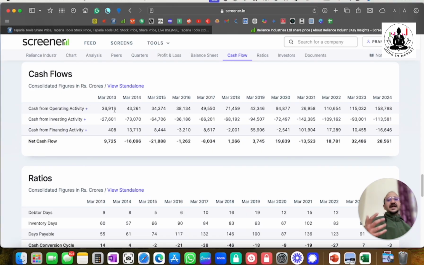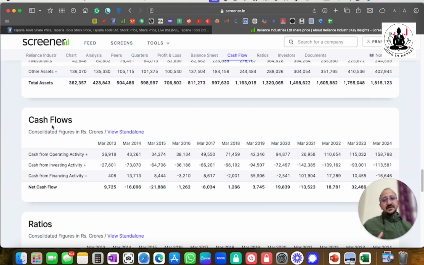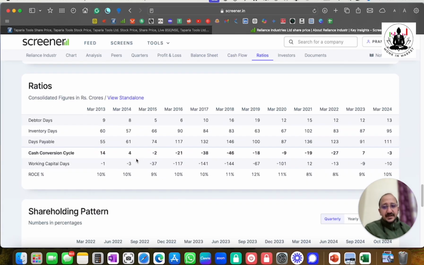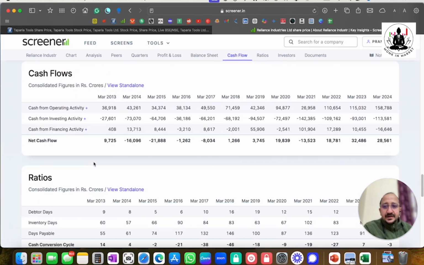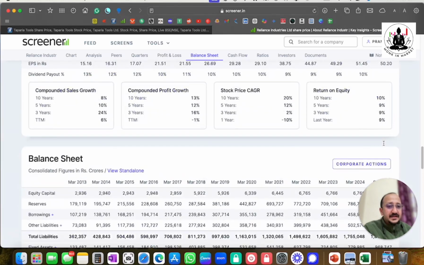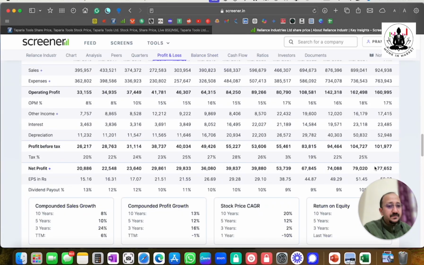We have to sometimes combine it with the profit and loss statement. We have to sometimes combine it with the balance sheet itself. One more thing I would like to show, guys. Sometimes what happens, in the cash flow statement, the cash in hand is much higher than the profits, meaning the net profit.